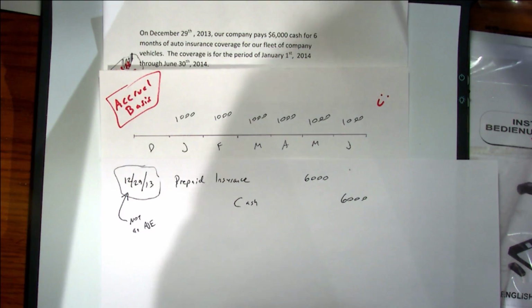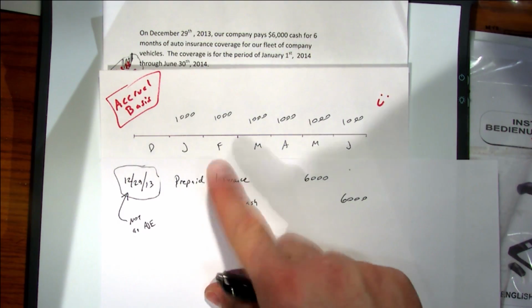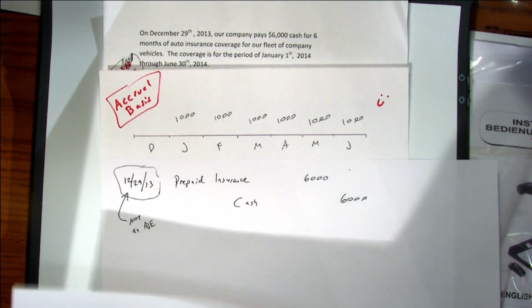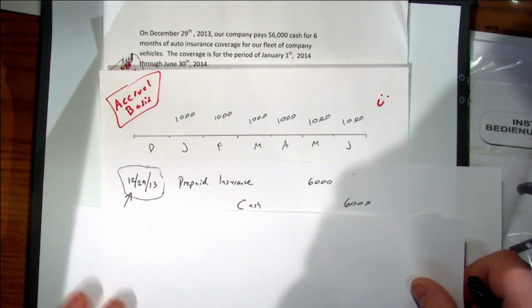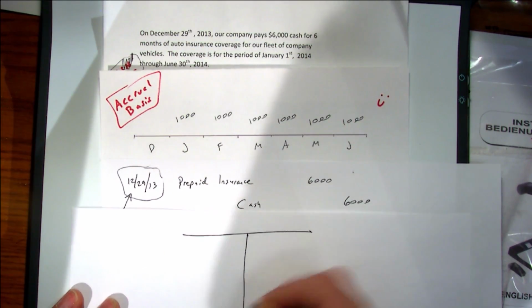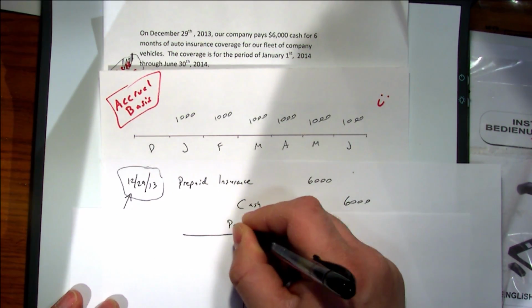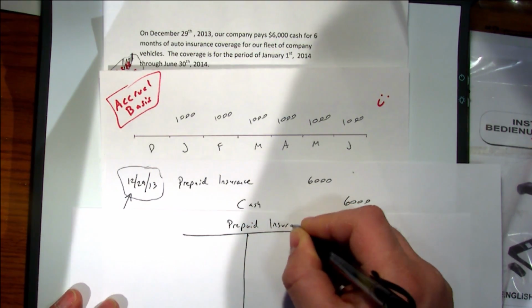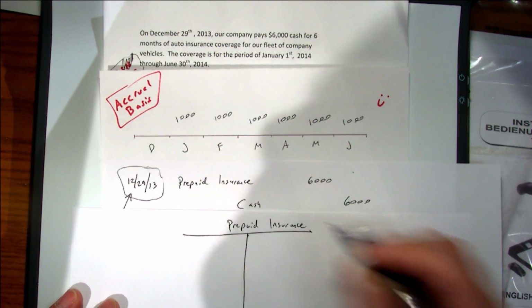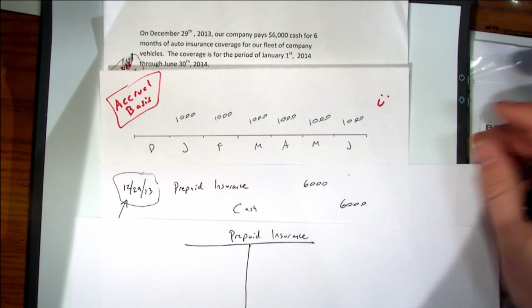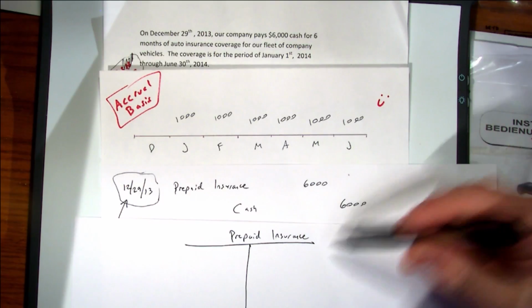You're right. After we make this journal entry, let's take a look at what the T account for prepaid insurance would look like. We'll say there was nothing in there before. So let's post this journal entry, not an AJE, to prepaid insurance.